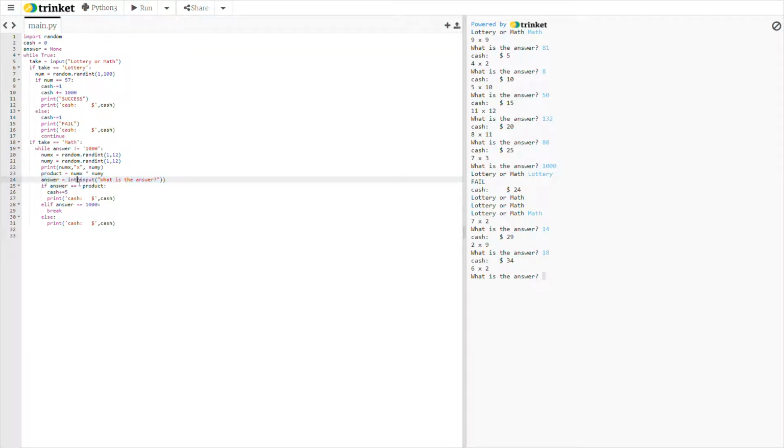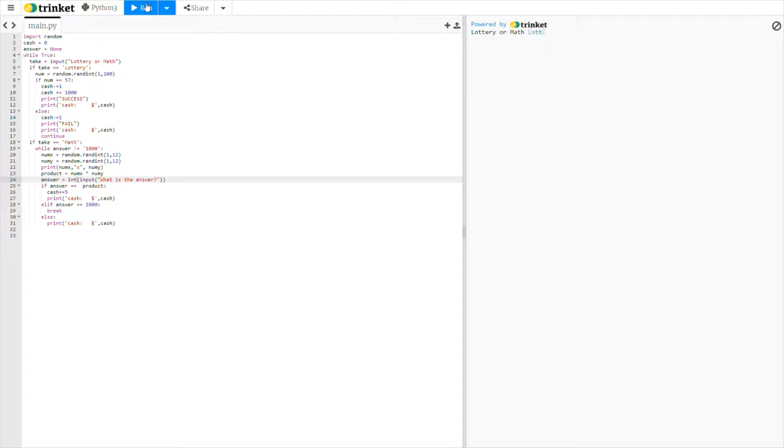An integer is just a whole number, so if we typed quit, there would be an error. Then we break this loop, and we go back to the input. Otherwise, if the answer is wrong, then it just prints the cash and keeps looping through this loop. We're going to run this a few more times, and then I'm going to end the video.